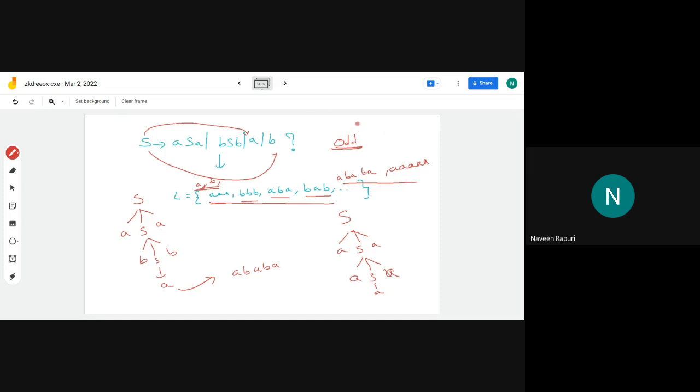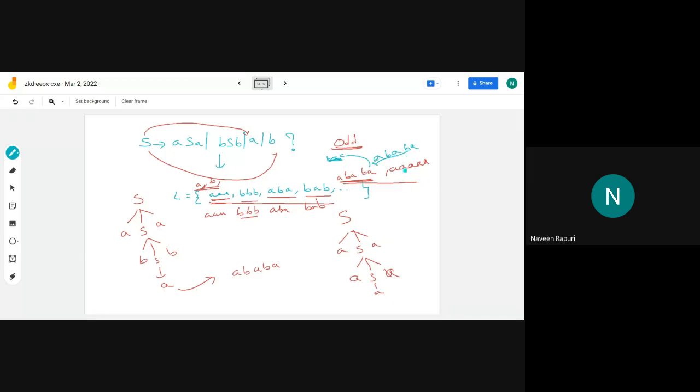And one more thing, if you recognize, the reverse of A is also A. The reverse of B is also B. Suppose if you reverse it, here A, B, A. So these two are equal.